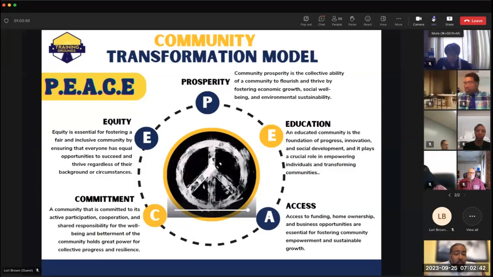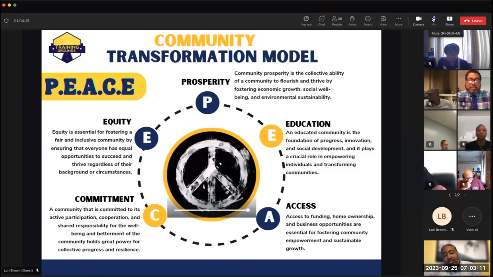Listen, without equity, the ability to have ownership within the community can't thrive. Equity is essential for fostering a fair and inclusive community. It ensures that everybody has an equal opportunity to succeed, and we have to make sure that there is equity within our communities. Once we have the pride of ownership within communities, you'll see communities transforming.